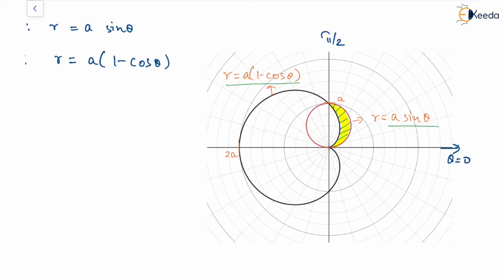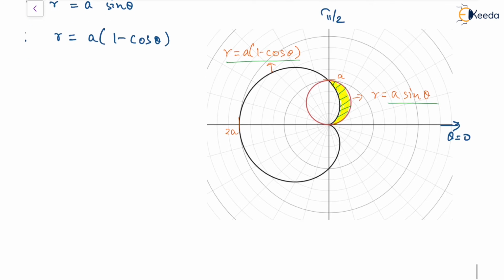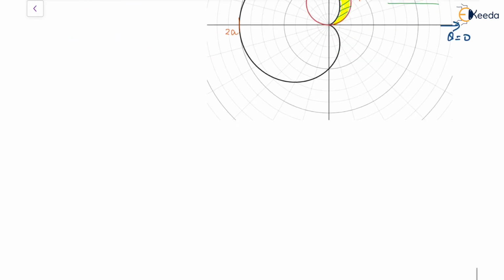So between theta equal to 0 to pi by 2, let us try to find this area. Area enclosed is going to be, in polar coordinates, the double integral of r dr d theta.